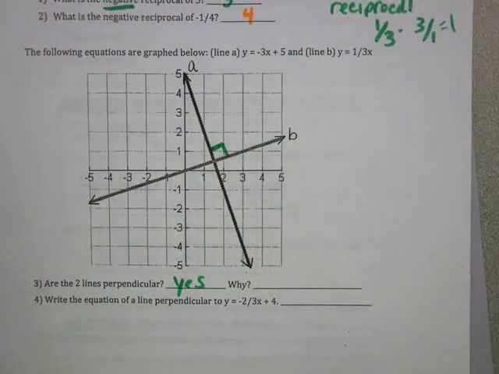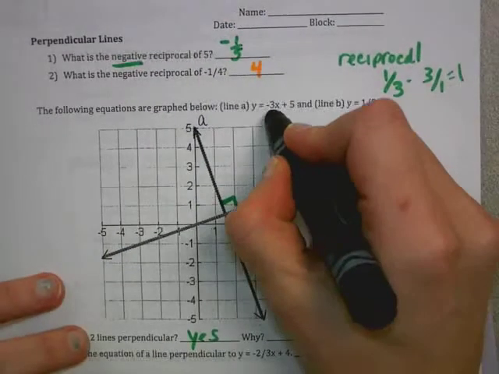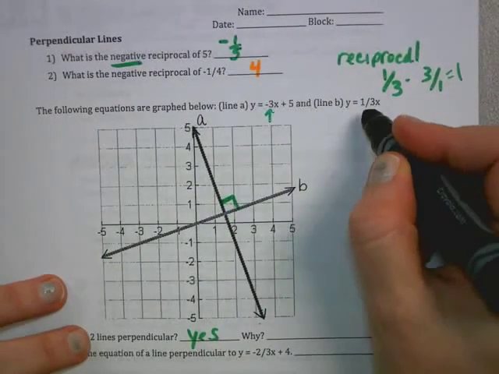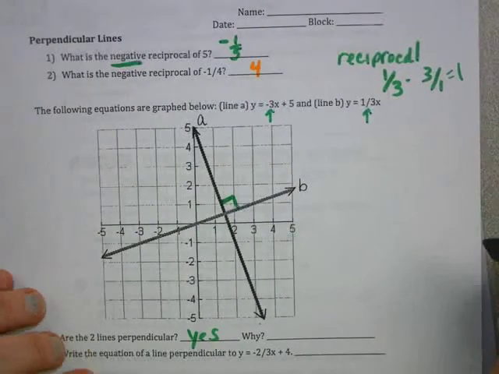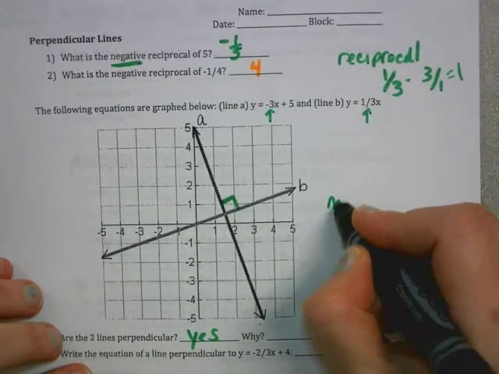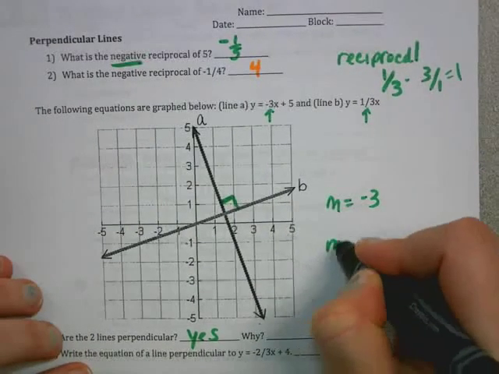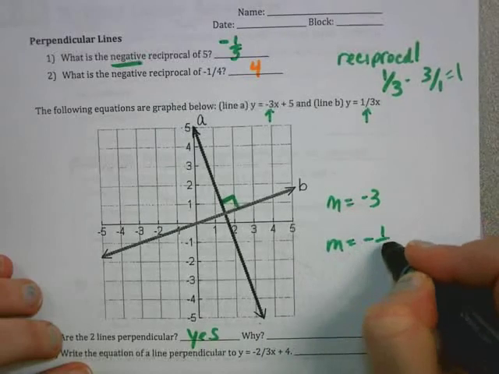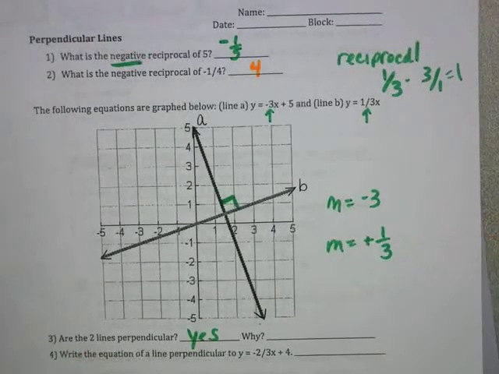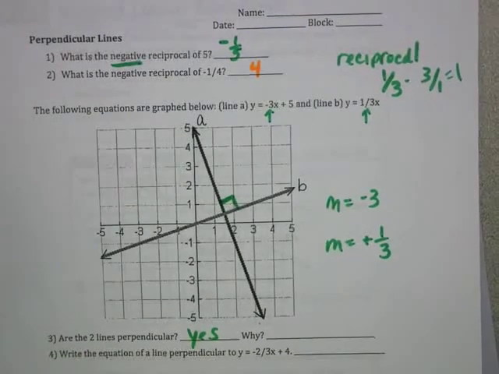Now the question is why? Why are they perpendicular? What about these equations made them perpendicular? Look at the slopes. This slope is -3. This slope is +1/3. Are the slopes negative reciprocals? Yep, they're negative reciprocals.